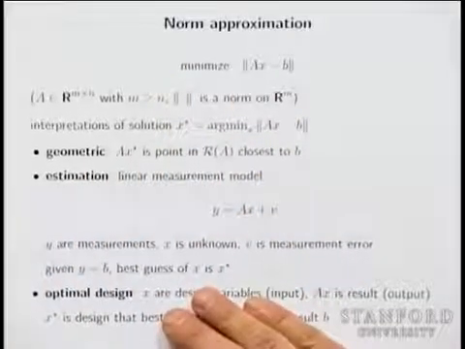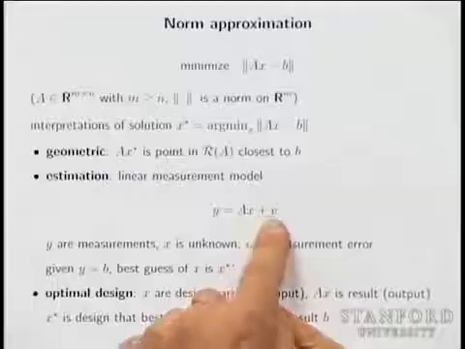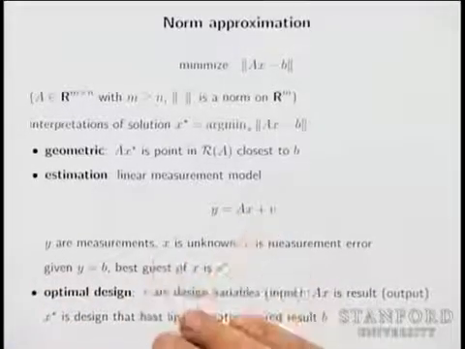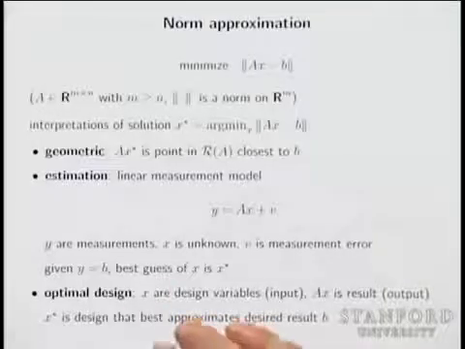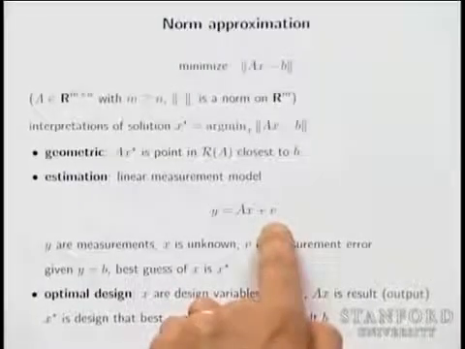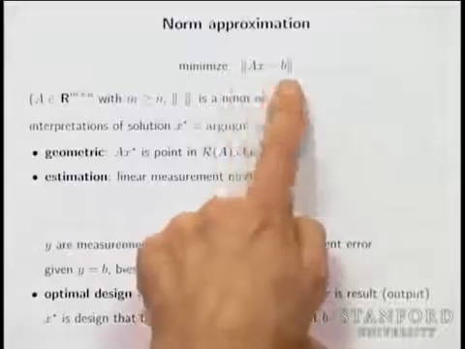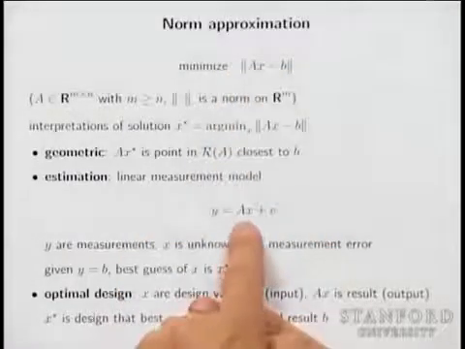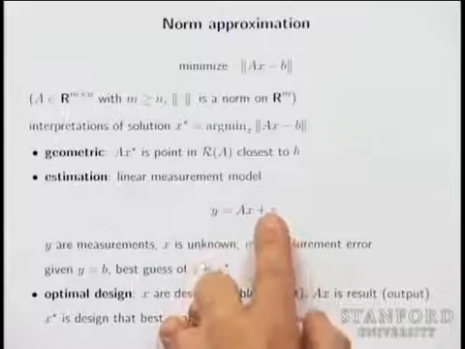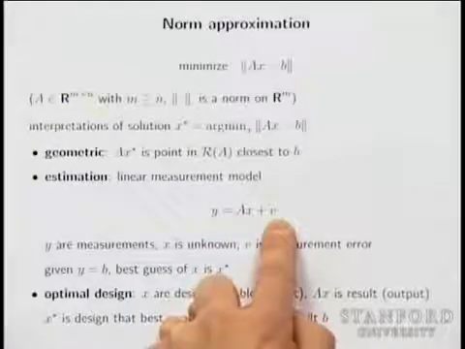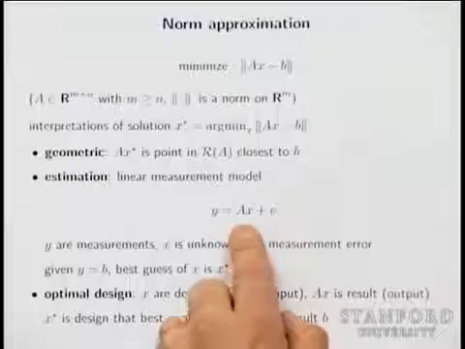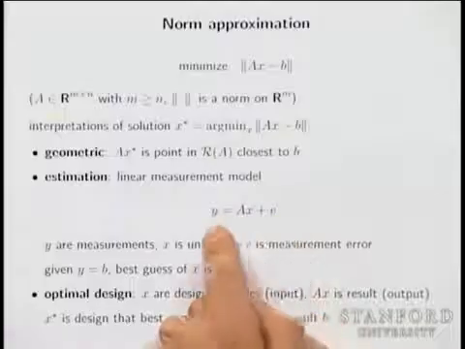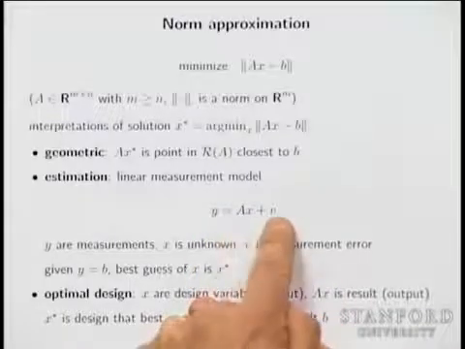Another one is estimation. So you have y equals Ax plus v. And v is some kind of measurement error that's unknown. At the moment, it doesn't have a statistical model. But the point is it's assumed to be small, specifically, small in this norm. So the norm of Ax minus y is in fact the norm of your imputed v. Because if you guess an x and you've measured y, then for all practical purposes, you're saying that y minus Ax is what the noise was.